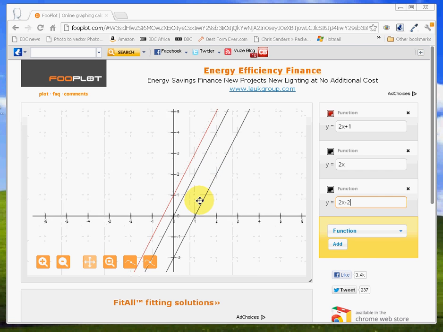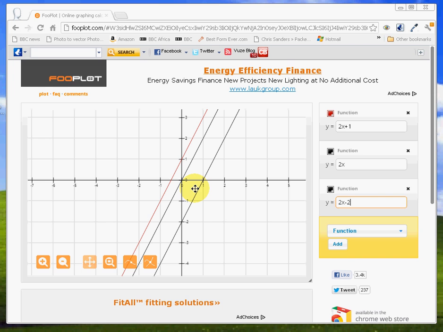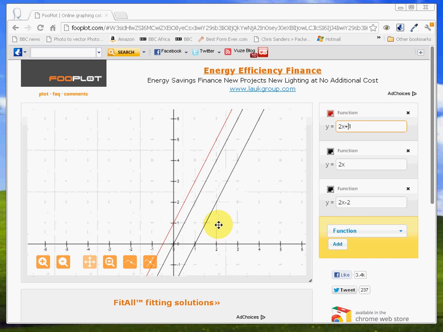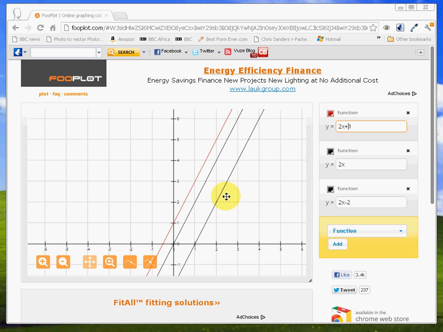So it's giving you still all straight lines, and it's either shifting them up by plus 1, plus 2, plus 3, or whatever you put in there, or moving it down, minus 1, minus 2, minus 3. But the interesting thing is, all 3 lines are parallel. All 3 lines have exactly the same slope.